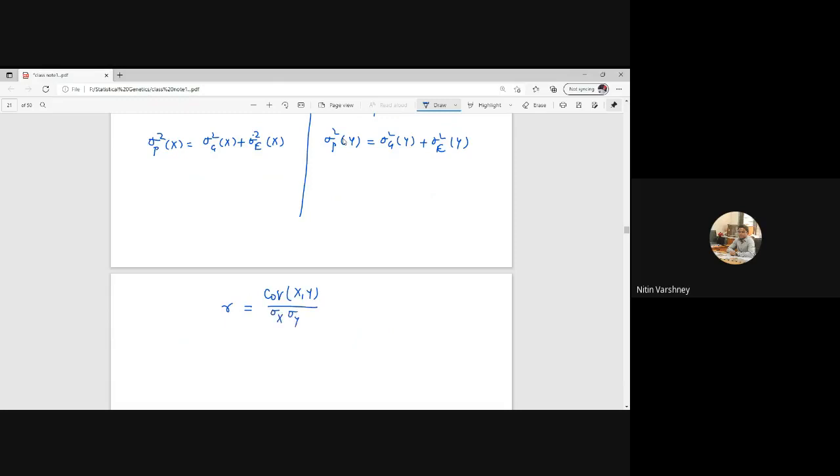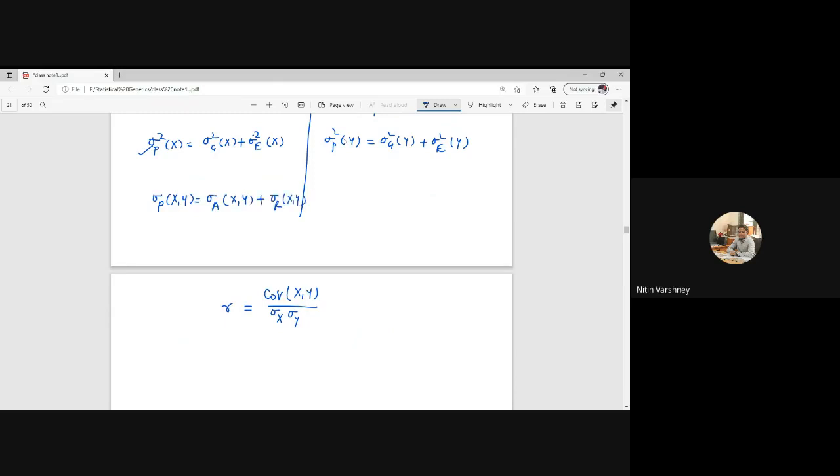So we will calculate, suppose I write here sigma square p. Now if we calculate the covariance, sigma p x comma y will be sigma a x comma y plus sigma r x comma y.